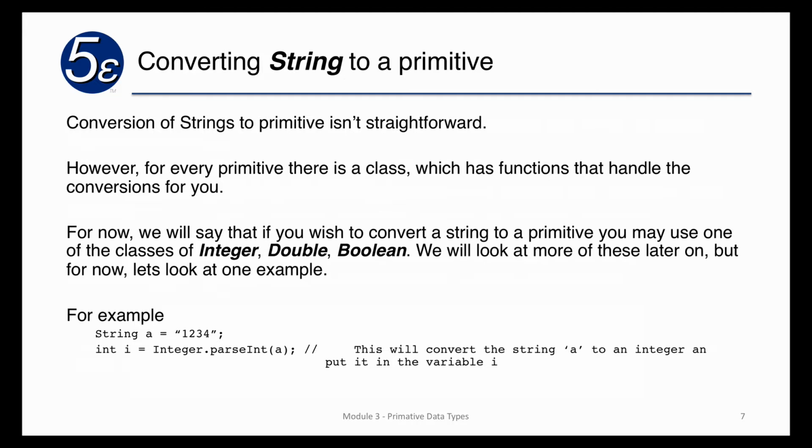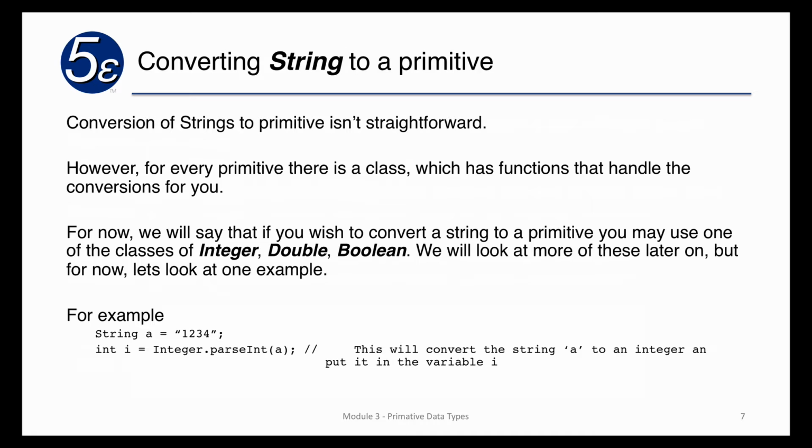Converting a string to a primitive isn't straightforward because strings are really a composite variable. The way it works is for every primitive we have a class which has functions that handle conversions for you. So we may have a string that has the numbers 1, 2, 3, 4. And if we want to convert this to, say, an integer, and this happens quite a bit, especially when we're passing parameters.